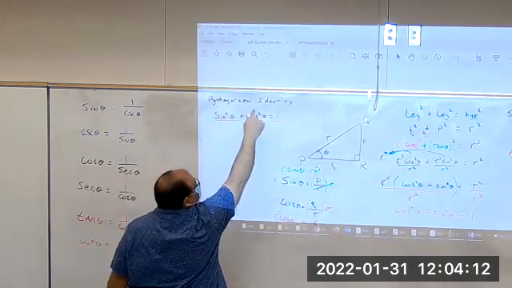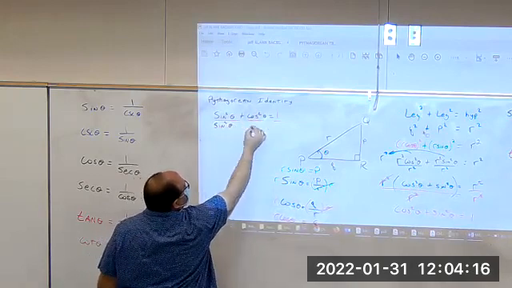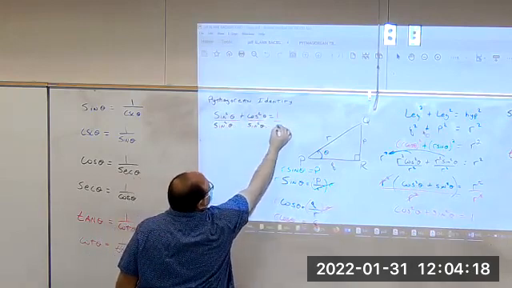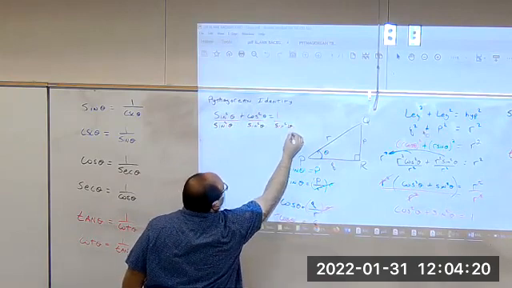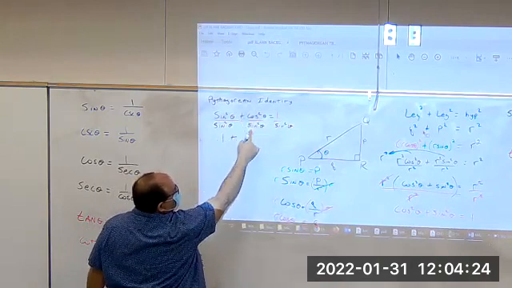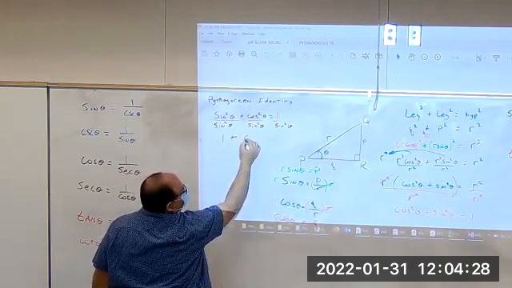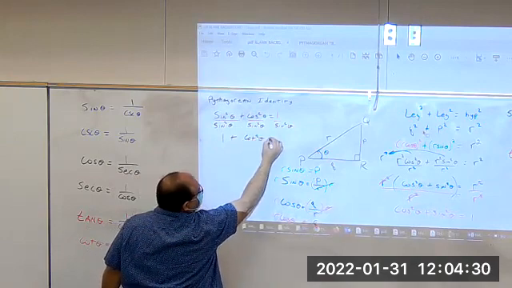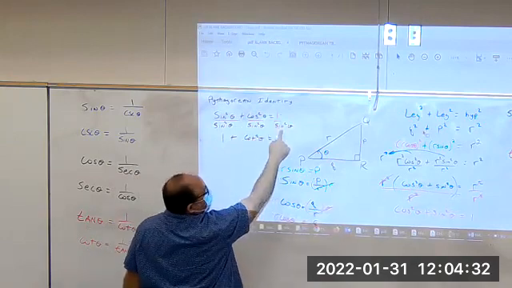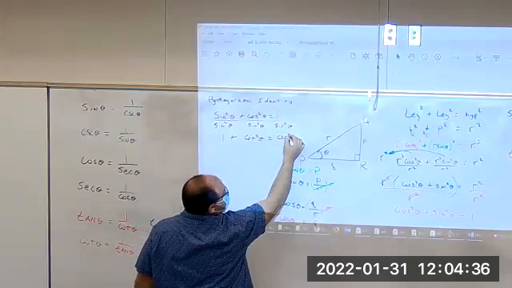So I want cosine squared over sine squared, so everybody gets divided by sine squared. And if I divide everybody by sine squared, there's 1 plus cosine over sine is cotangent, so cosine squared over sine squared is cotangent squared theta. 1 over sine is cosecant, so 1 over sine squared is cosecant squared theta.